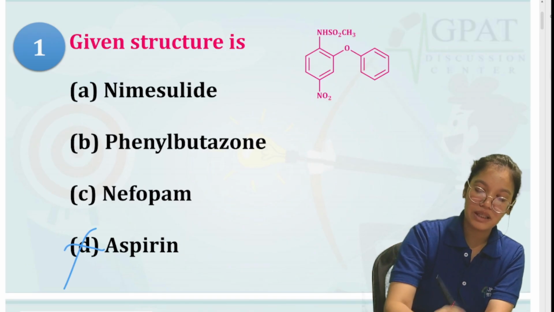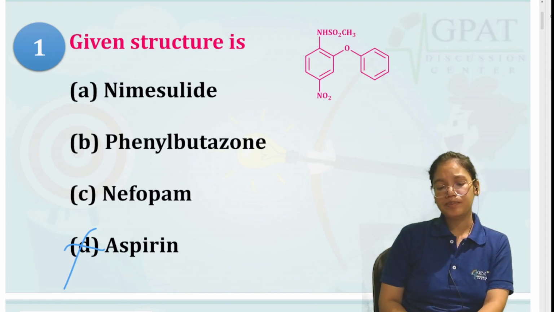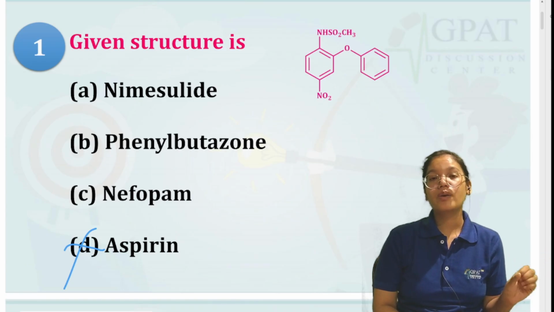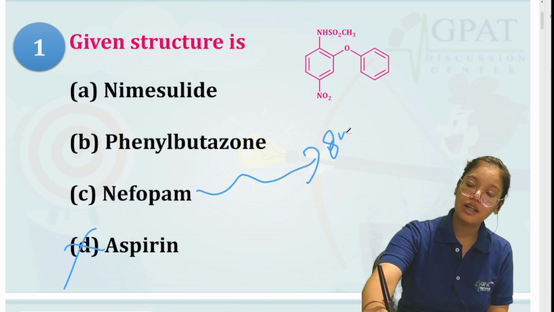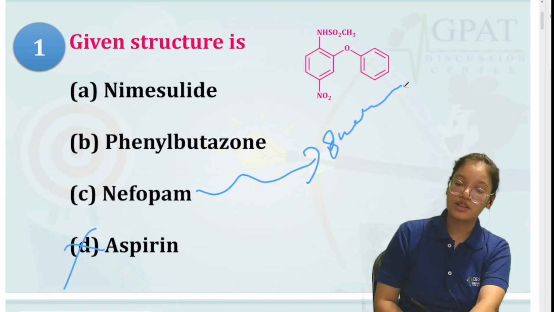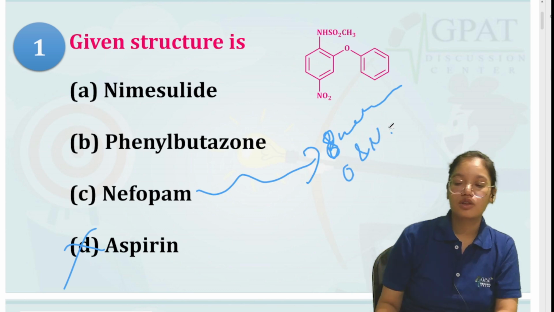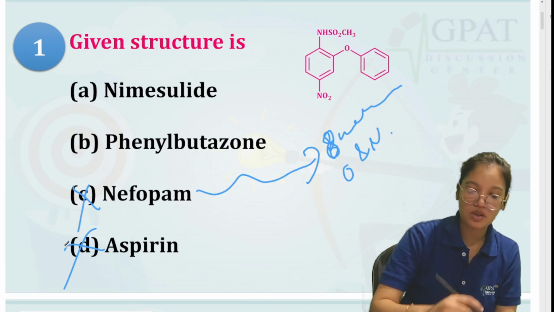No. So aspirin can be removed from the list of options. Then we have nefopam, another type of NSAID. Its structure is different from the others, in that it contains an 8-membered heterocyclic ring with two heteroatoms, oxygen and nitrogen. Do we have any of these in the structure? I guess no.